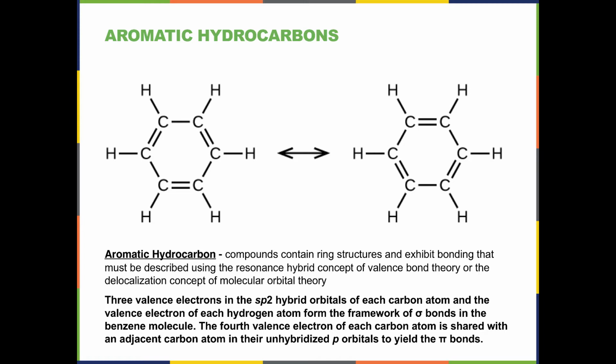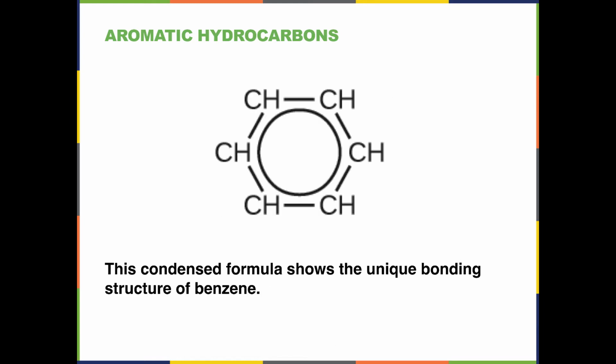The 4th valence electron in each carbon is shared with the adjacent carbon in their unhybridized p orbital, and those valence electrons are delocalized. And so one way to represent this delocalization is to put a circle in the middle as it's shown here. And this is one of the ways of representing the structure of benzene.